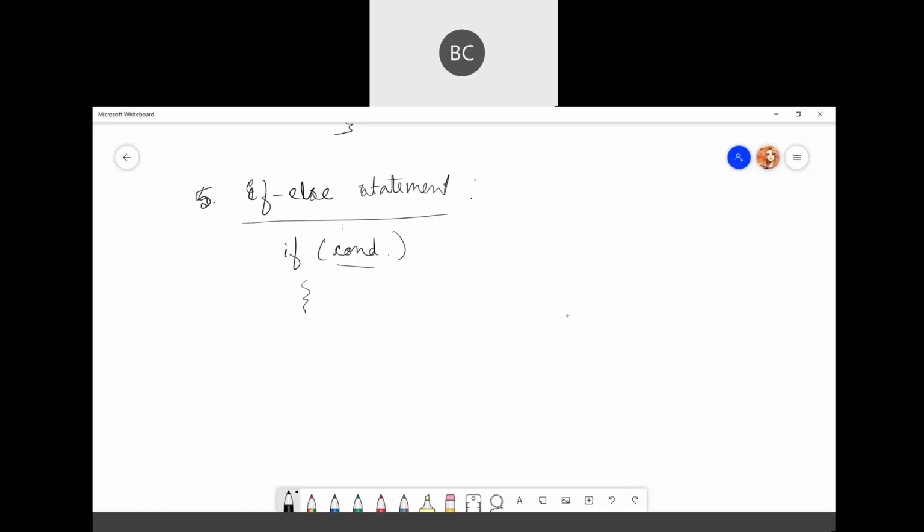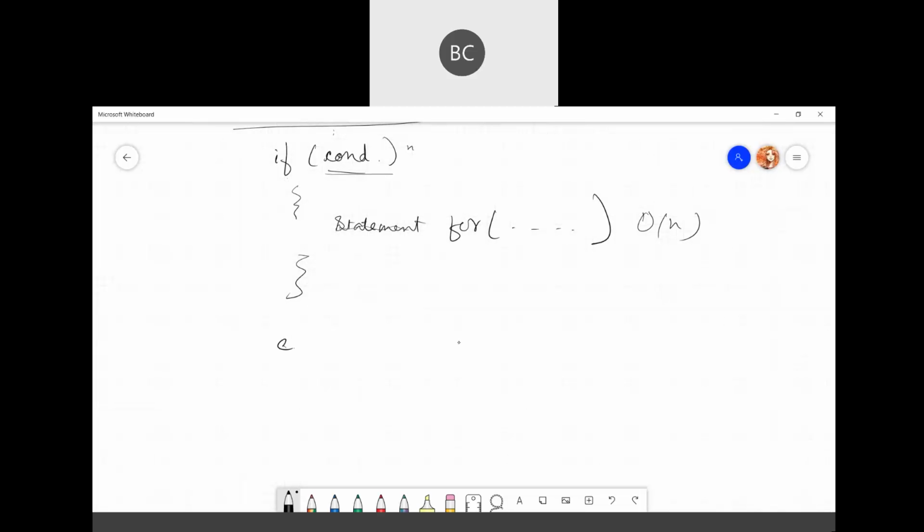And if it is n, it will also run for n number of times, because it will depend on the condition. Now, if inside here there is a statement like a for loop, then also it will simply take n amount of time. Now, after the if there is an else part too, right?